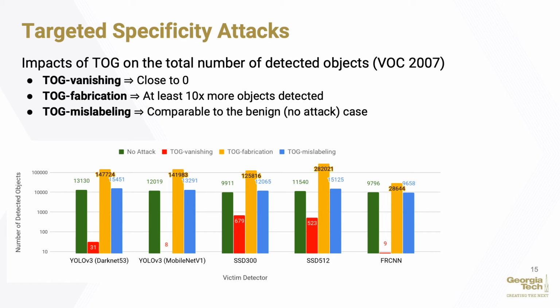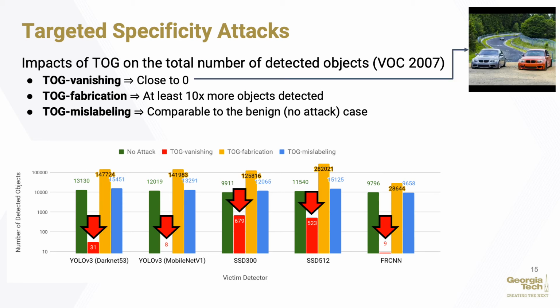We measure the total number of objects detected by the detectors on the entire test set with about 5,000 images. Given benign inputs, those 5 detectors can recognize about 10,000 objects. But given adversarial examples generated by the TOG vanishing attack, the detectors are no longer capable of retrieving objects from the input images.